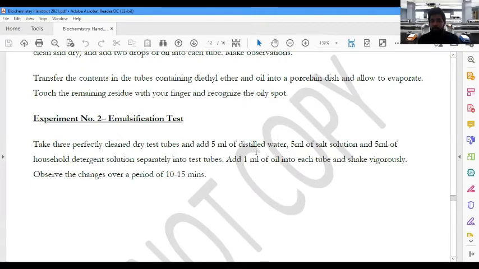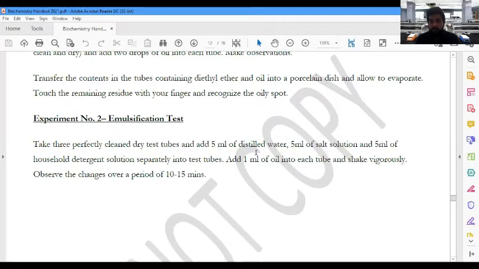Other than that there are two major tests. I don't think you have learned them in advanced level chemistry: the Lieberman-Burchard test, as well as the Salkowski test, to test particularly for the presence of cholesterol.